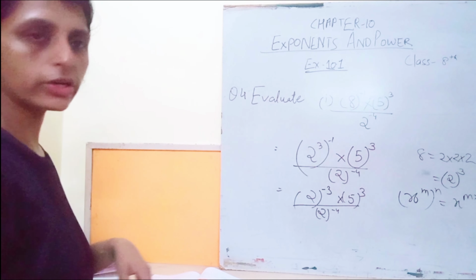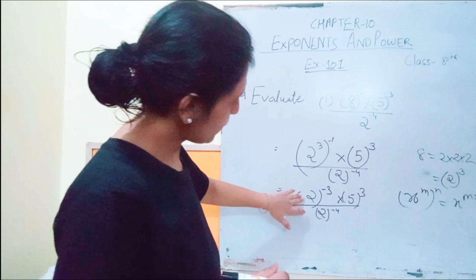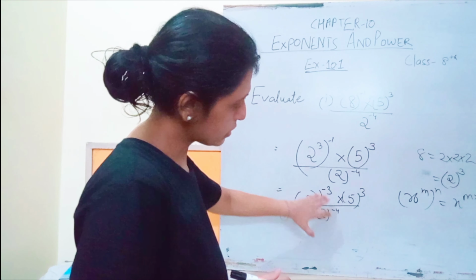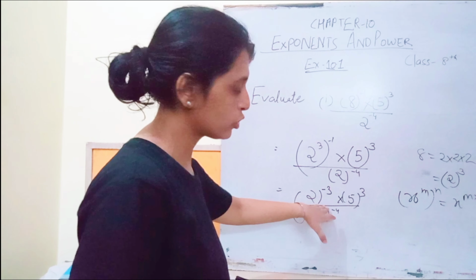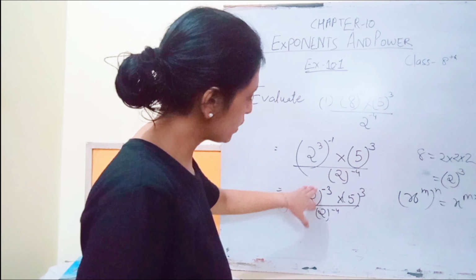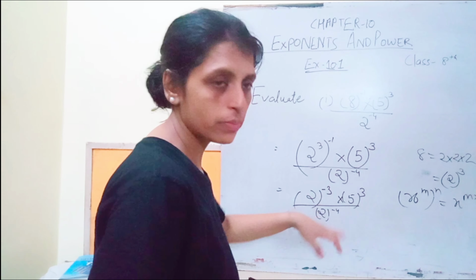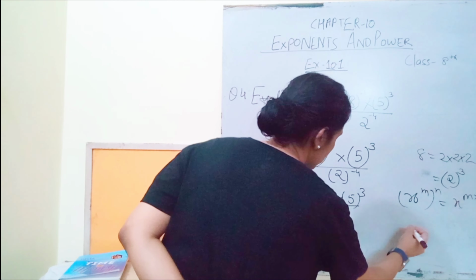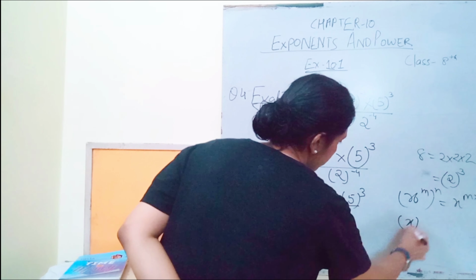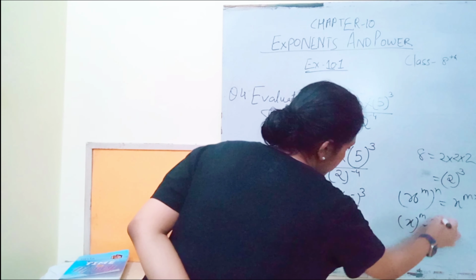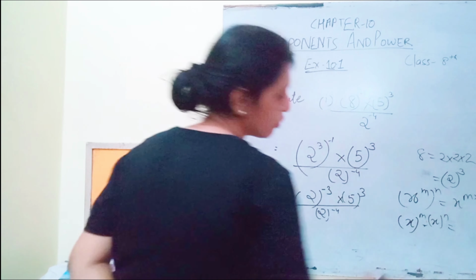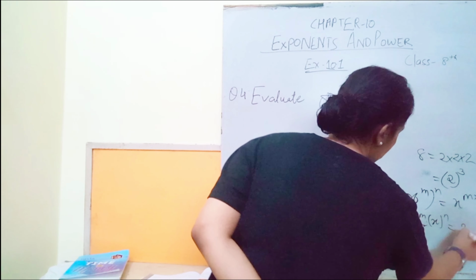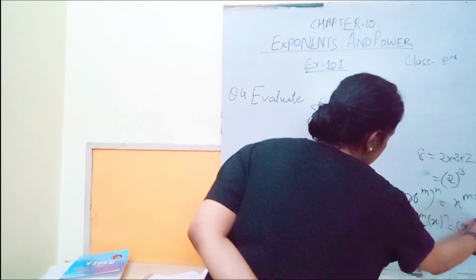Okay children, now see, here the bases are same, the powers are different, and the operation of division is applied, that is 2 raised to power minus 3 divided by 2 raised to power minus 4. According to laws of exponents, when the bases are same, the powers are different and the operation of division is applied, the powers are subtracted, that is m minus n.